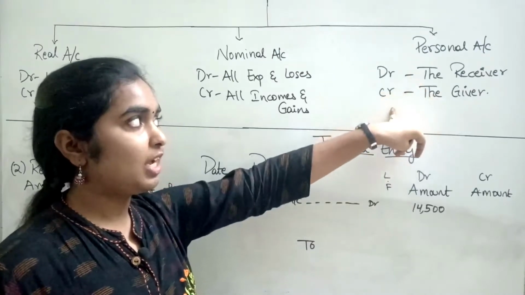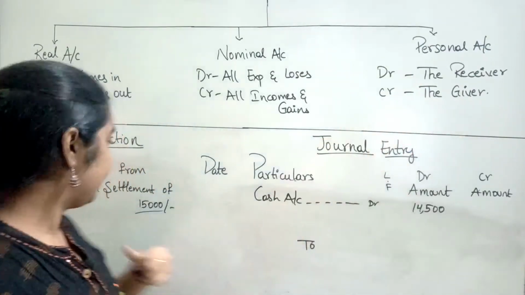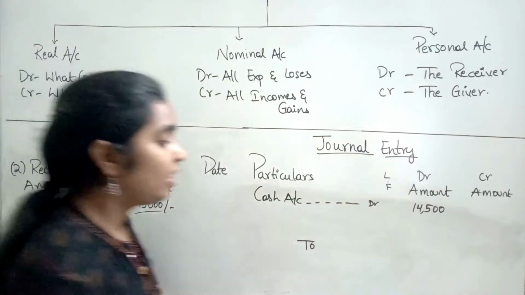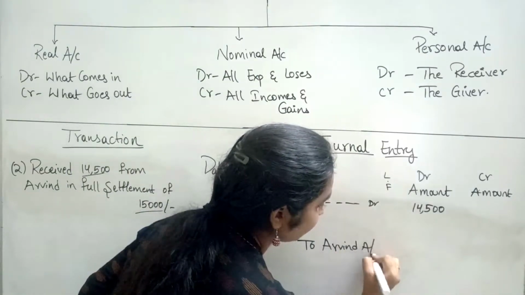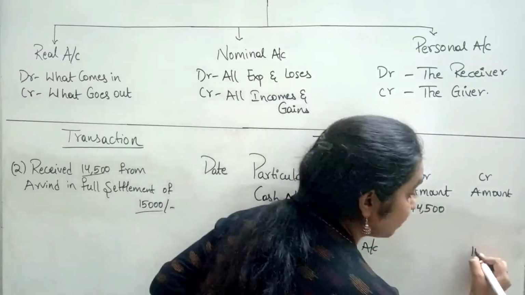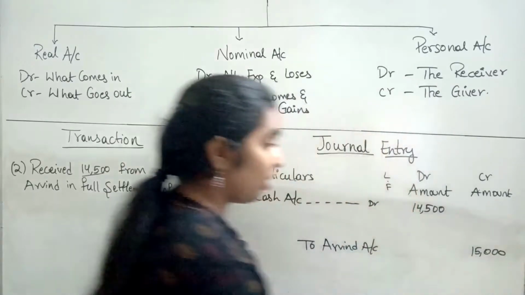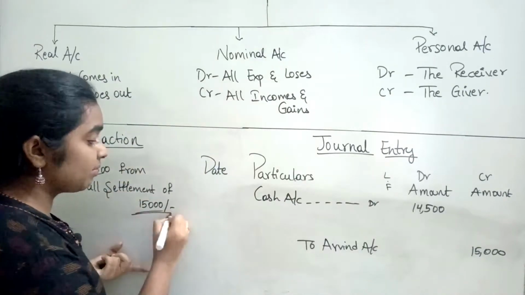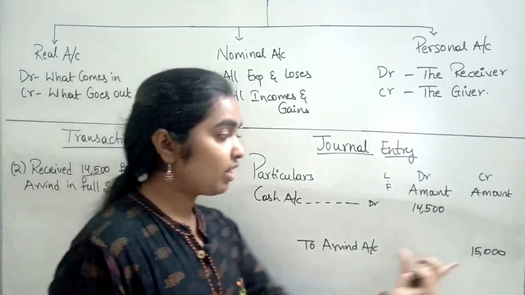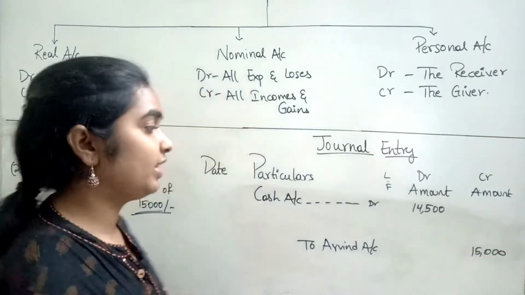And as per the personal account, we need to credit the giver, right? Here, since Aravind is giving the amount, we need to credit the Aravind account. How much? The entire amount of 15,000. Though he is not giving the entire amount, he is settling the entire amount, right? So the Aravind account has to be credited with the total amount of 15,000.